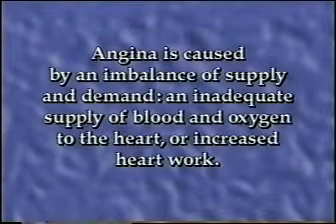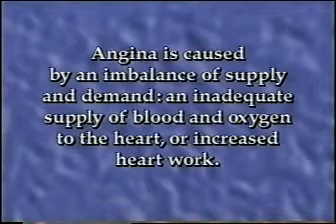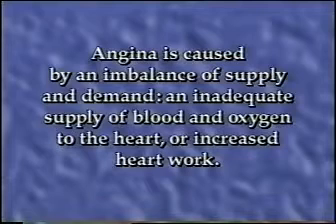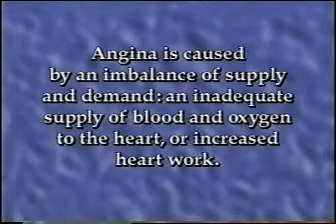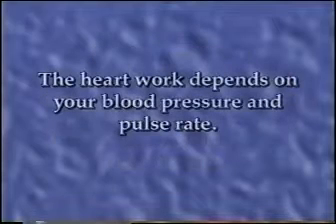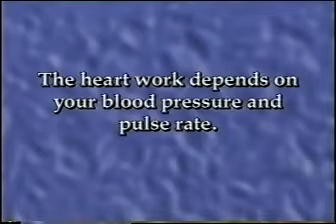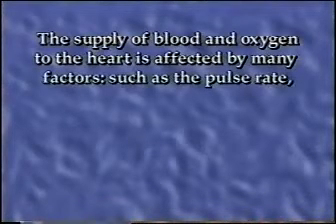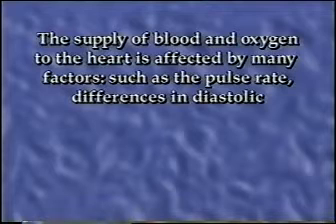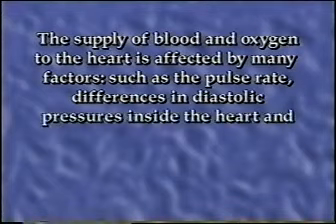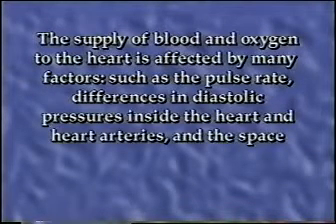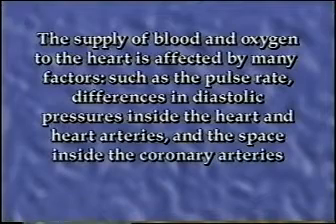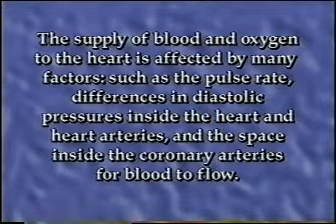In summary, angina is caused by an imbalance of supply and demand, an inadequate supply of blood and oxygen to the heart, or increased heart work. The heart work depends on your blood pressure and pulse rate. The supply of blood and oxygen to the heart is affected by many factors such as pulse rate, differences in diastolic pressures inside the heart and the heart arteries, and the space inside the coronary arteries for blood to flow.